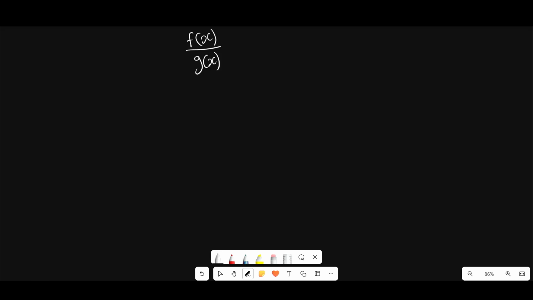So we want to find the limit of this function here. This should be familiar when we are dealing with factorization, so make sure that you know your factorization.